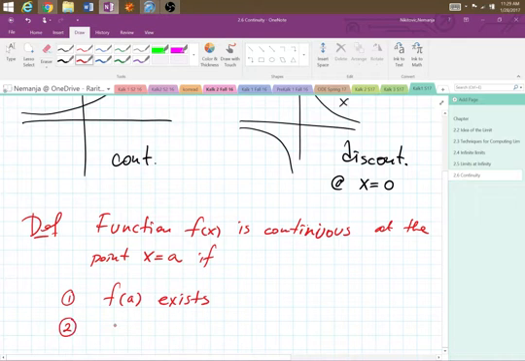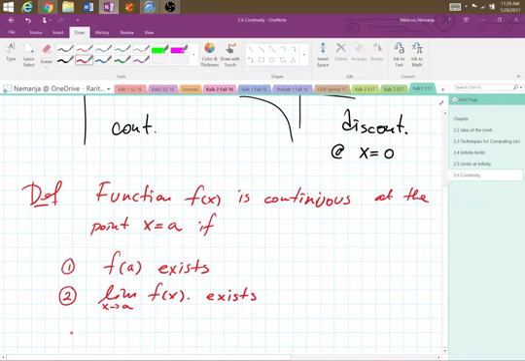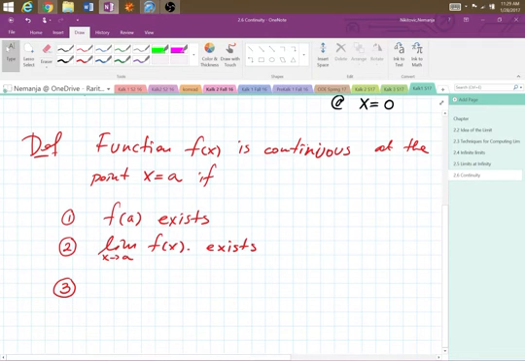Number two, the limit of f of x as x goes to a exists. And the major one, number three, the limit as x goes to a of f of x is actually f of a.